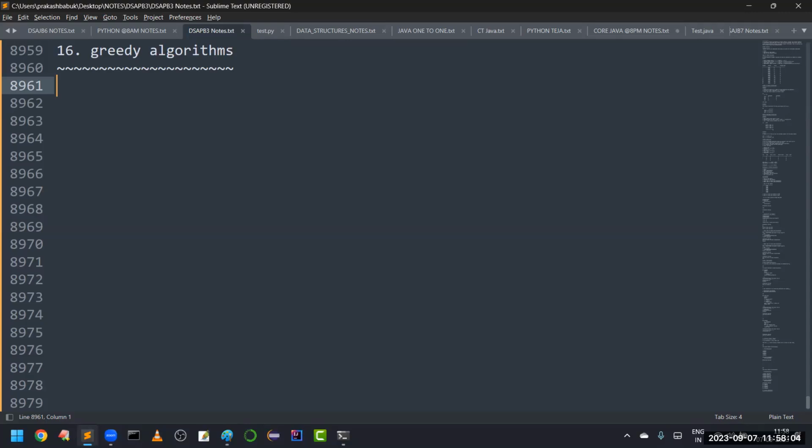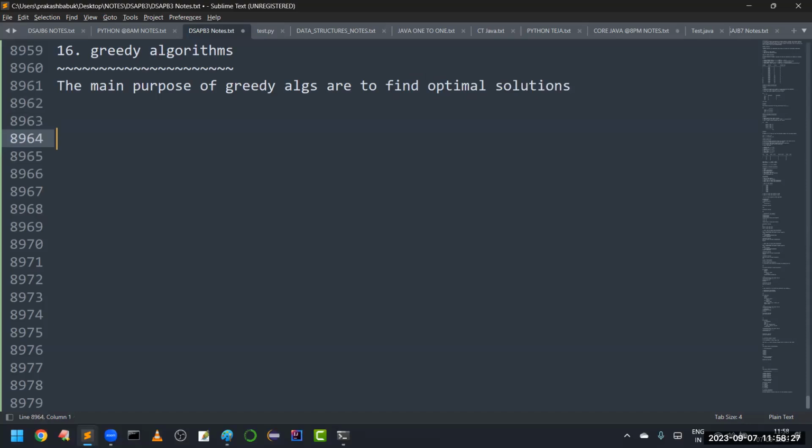The main purpose of greedy algorithms is to find an optimal solution. Let us take one best example.